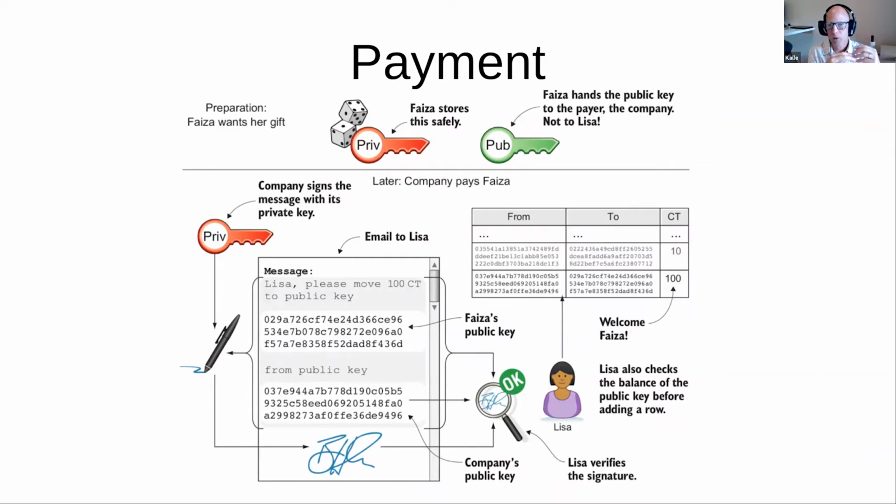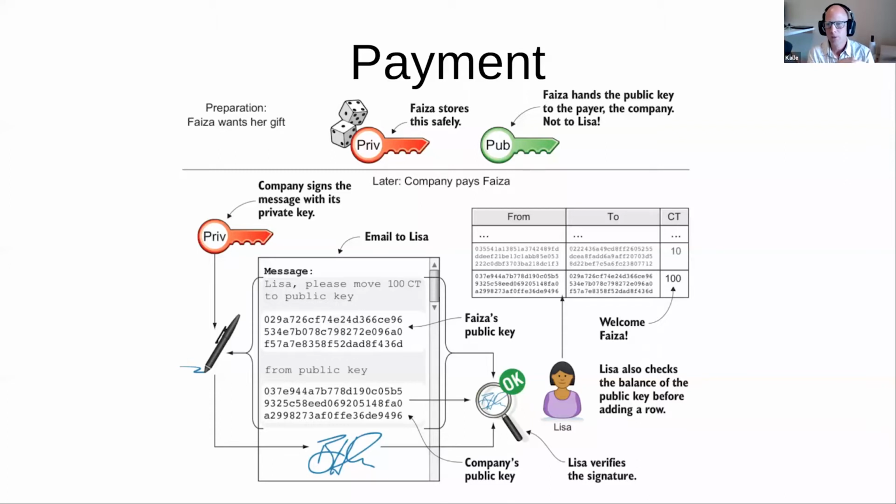So what happens then? In order to receive those 100 cookie tokens, Faisa would need a private key and a public key. So she creates a private key and her public key, but she doesn't send the public key to Lisa anymore.